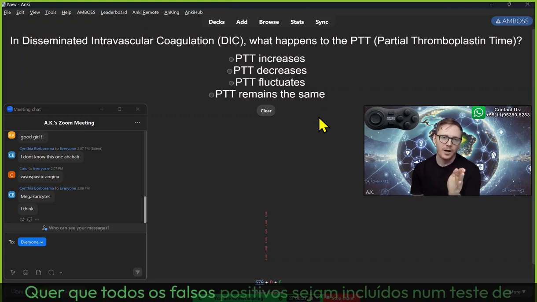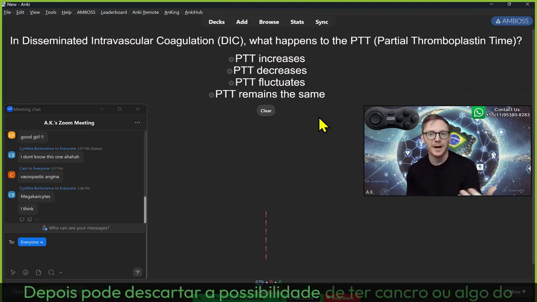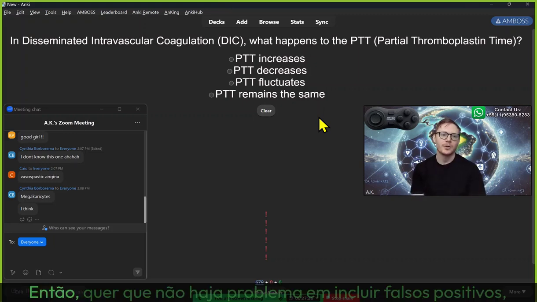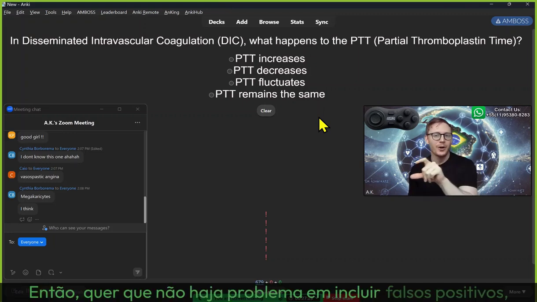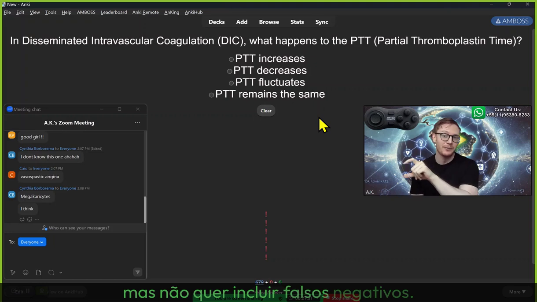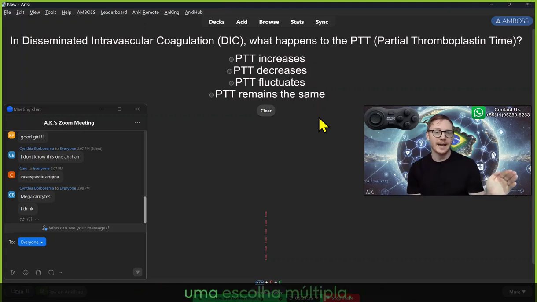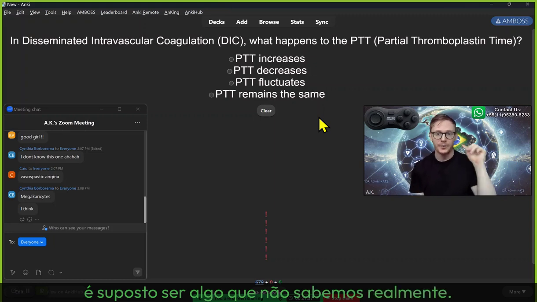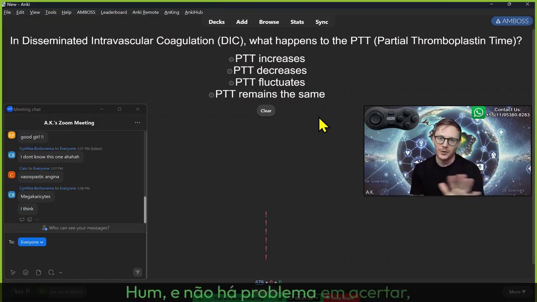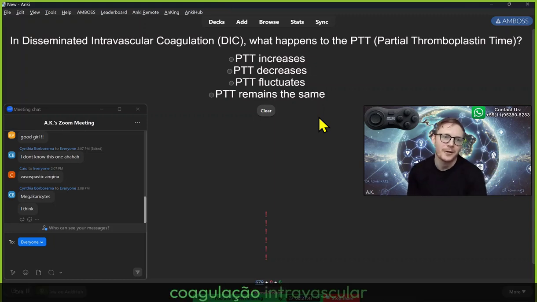It's okay to include false positives, so you can rule out the possibility that you have cancer or something. If we have an incorrect multiple choice, it's supposed to be something you really don't know, and it's okay to get it right for illegitimate reasons.